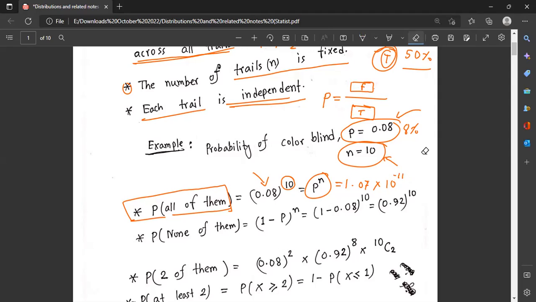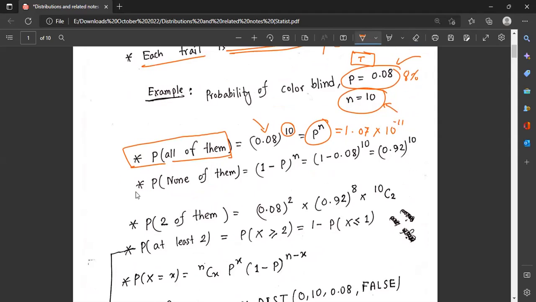And let's see the next one. None of them are colorblind. We know that P represents the probability of being colorblind. If I draw a rectangle, let's say this part is colorblind, and we now want the case where none of them are colorblind. So we want this white part, right?